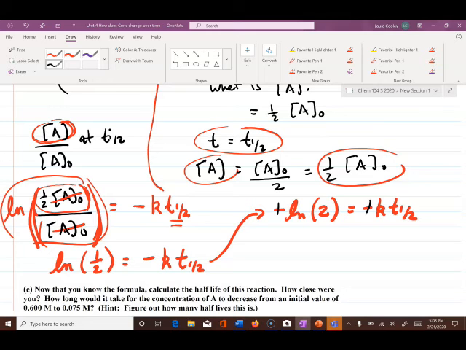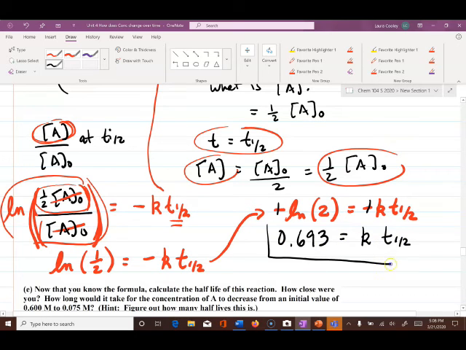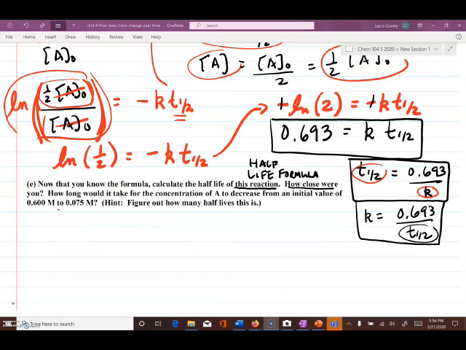Yeah, the log of 2 is actually 0.693, and that equals k T1/2. So all of that messiness, which you can forget now, boils down to this one formula, the half-life formula, which you could write in either of these two different ways that I point out here.